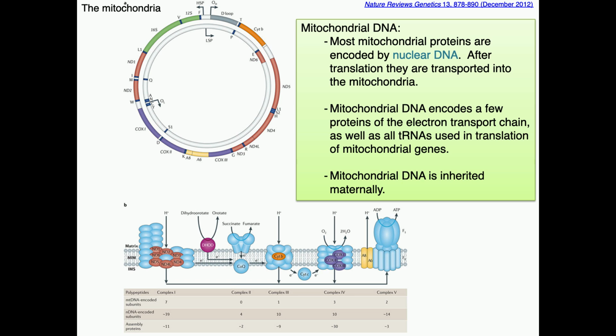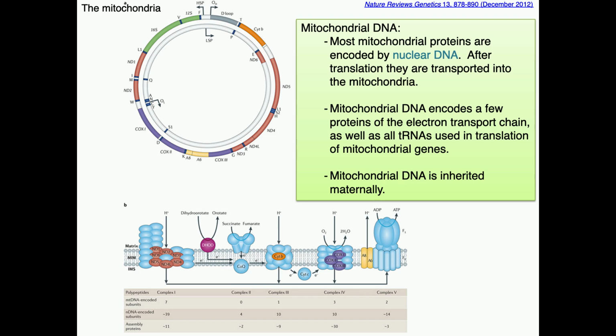This is an enzyme that participates in the electron transport chain and also in the TCA cycle. And the succinate dehydrogenase, this is the only enzyme in the electron transport chain that doesn't have any part of its protein encoded by the mitochondrial genome. These are all nuclear genes. So shown here, the blue subunits in each one represent nuclear encoded subunits, and then the different colored subunits represent mitochondrial subunits.